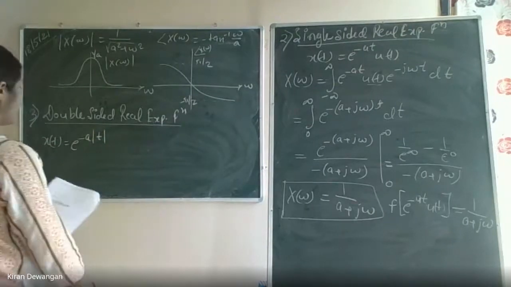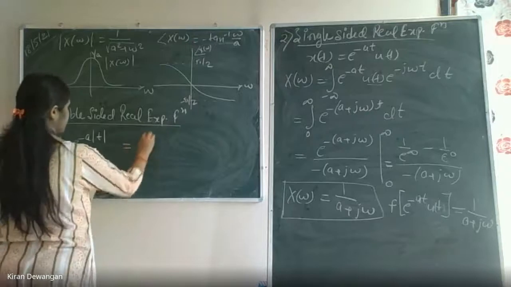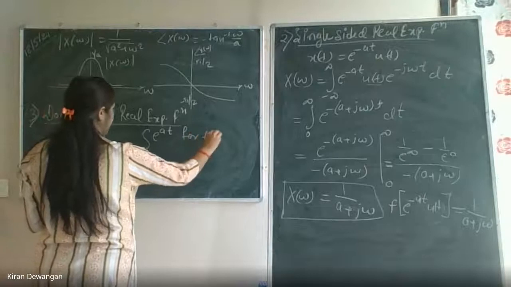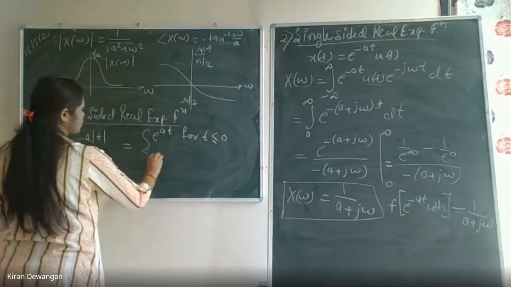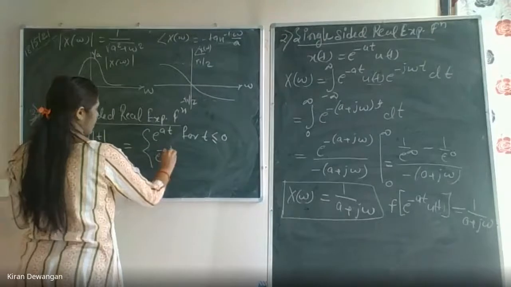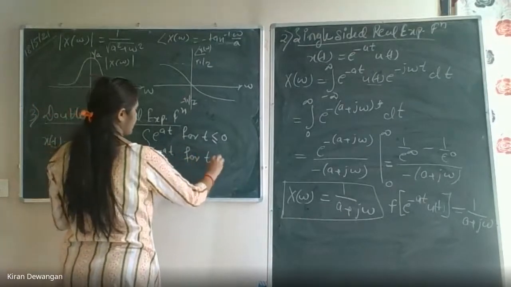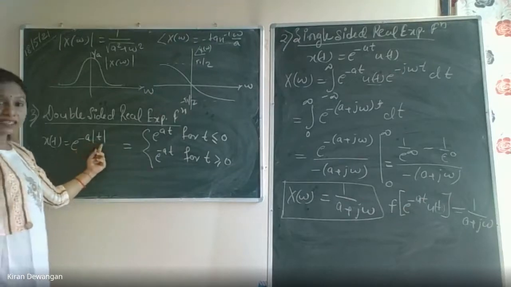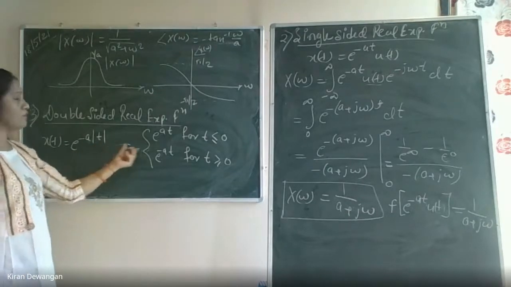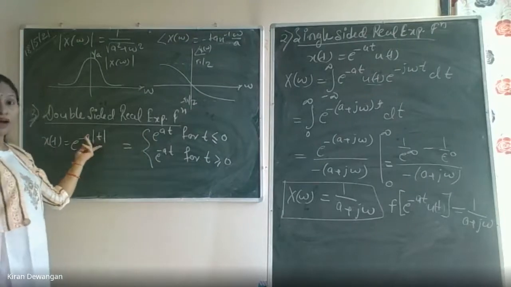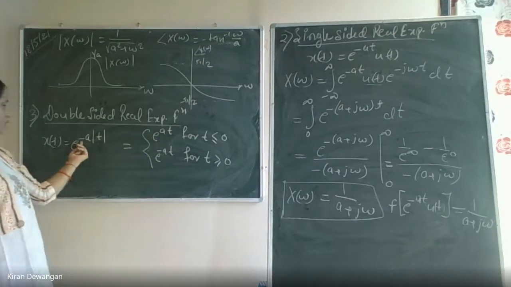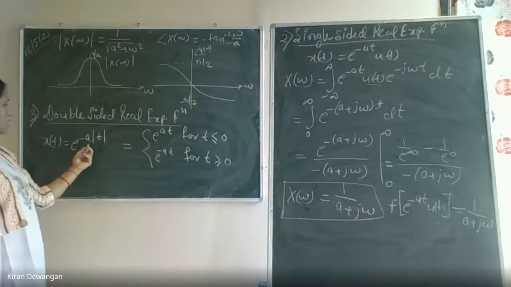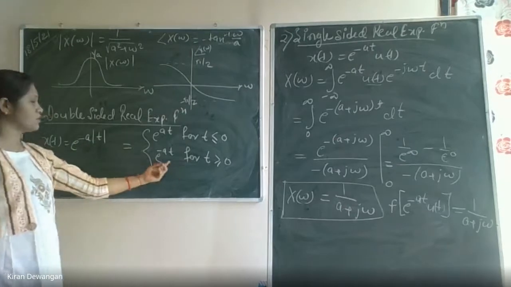This is nothing but e to the power at for t less than or equal to 0, and e to the power minus at for t greater than or equal to 0, because for t greater than 0 it will be t as it is, and for t less than 0 this will be minus t. So e to the power minus a into minus t will be e to the power at, and for t greater than 0 it will be e to the power minus at.